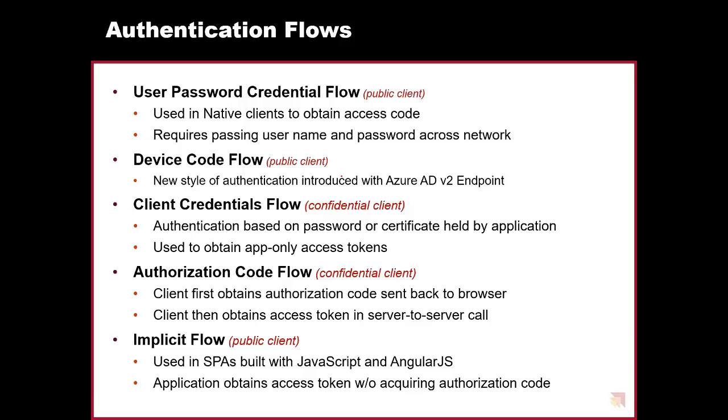The idea of implicit flow is that you can't keep a secret because everything's running inside the browser. If you have authorization code flow and server-side code, we can acquire an access token in a server-to-server call and never pass the access token through the browser. However, if you're running a single-page application, you have to take the access token to the browser. So the implicit flow has contingencies to allow for that.